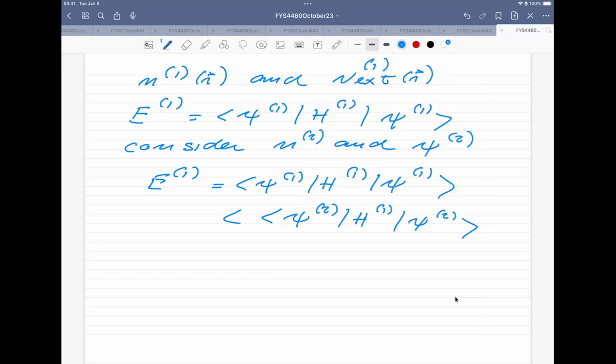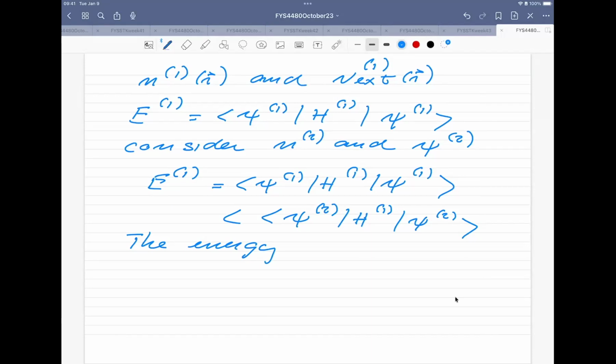So the energy, which is given by this equation with the 3 stars, has to follow this because psi2 is not the lowest lying state of H1. This is a different one.